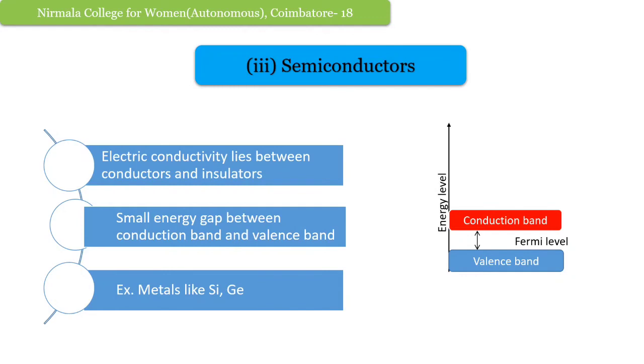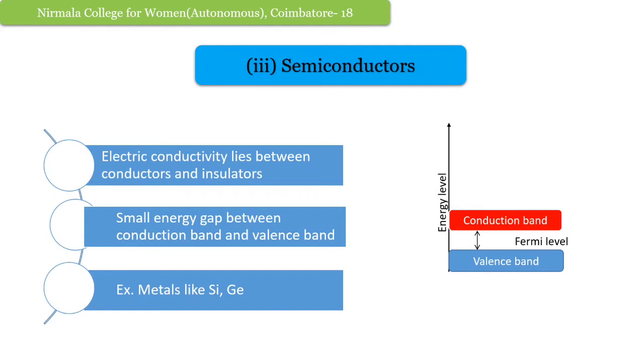Next is the semiconductors. These semiconductors in day-to-day life have numerous applications in electronics. At normal state, these semiconductors do not conduct, whereas on applying some external energy, the electrons in the valence band can easily jump to the conduction band due to the Fermi level, that is, the forbidden energy gap.